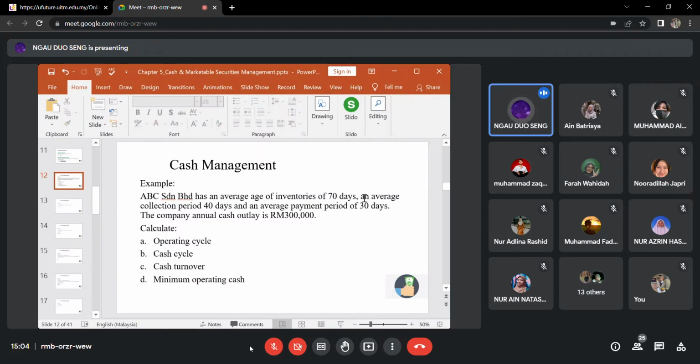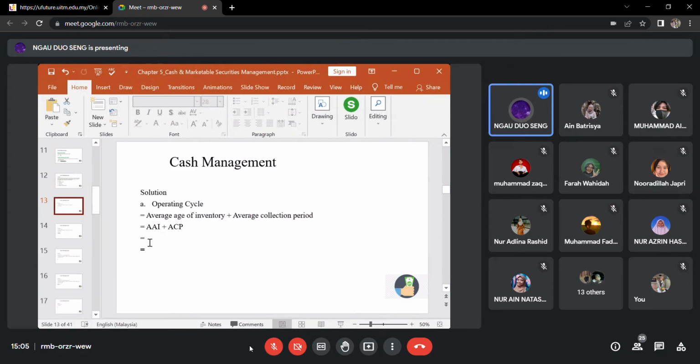Right, and average collection period 40 days, and average payment period of 30 days. So the company annual cash outlay is 300,000. So first one, they ask you to calculate operating cycle. So operating cycle, dia punya formula is average age of inventory plus average collection period.